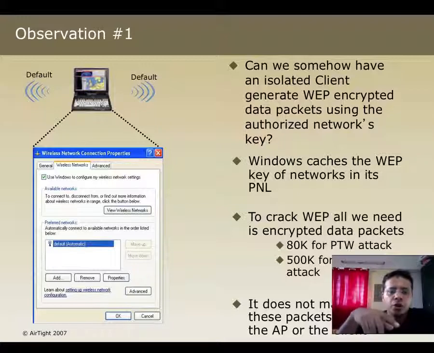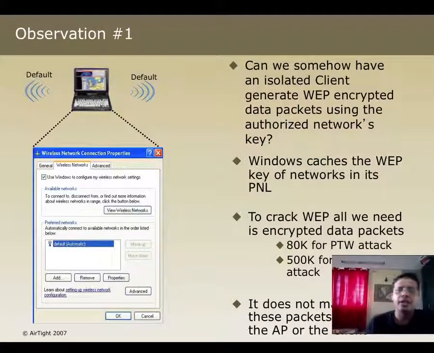If you can recall, almost all operating systems actually store the various credentials, passphrases, keys, etc. of networks you have previously connected to, right? And this is called the preferred network list if you're on Windows. On other operating systems, this would have other flavors. So Windows caches the WEP key of various networks in its PNL. And as we know from WEP cracking, what we really require is a large number of data packets which are encrypted with the WEP key, right?